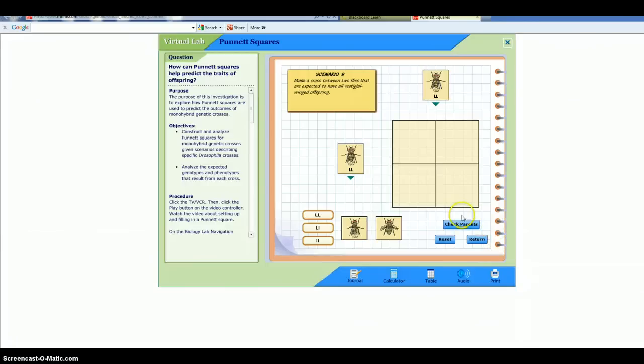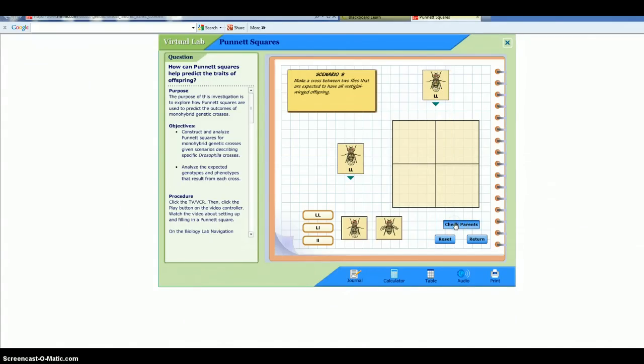We could do that. Let's see if it'll check parents. Examine the parents described in the scenario. No, they don't want us to do this one. They don't like what I did. Let's see. Oh, maybe we want to have that one.